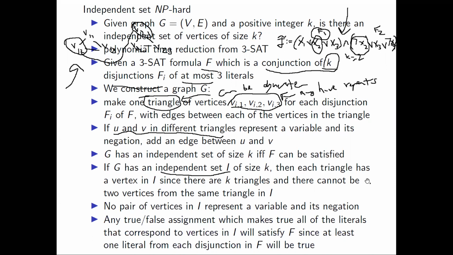So this is why if G has an independent set of size k, that implies that F can be satisfied.